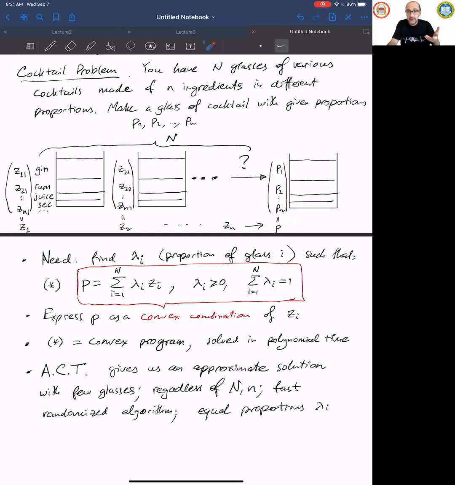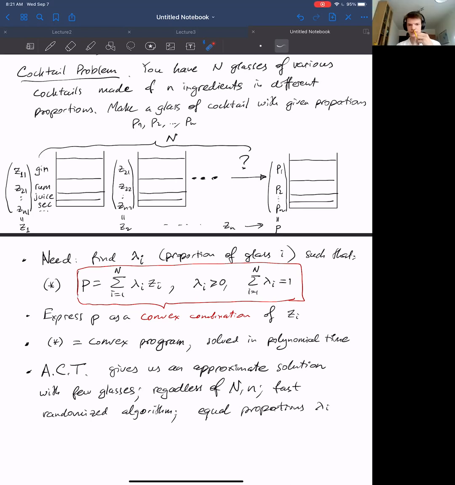In fact, it is a necessary condition. If your desired proportions are out of the convex hull, you cannot mix these glasses. You will never be able to make that cocktail. So sometimes this doesn't work, and it doesn't work for a reason: where it doesn't work, nothing can work. There's no way for you to mix this cocktail at all.